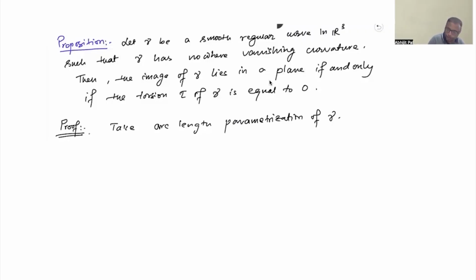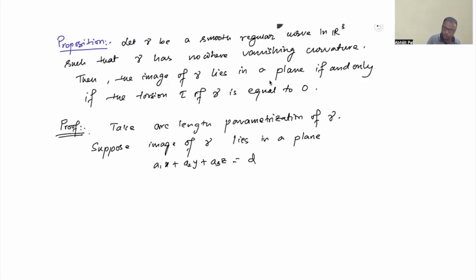So we have taken the arc length parameterization of gamma. First suppose the image of gamma lies in a plane a1 x plus a2 y plus a3 z equal to d.